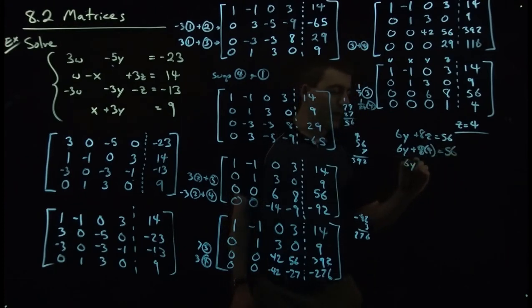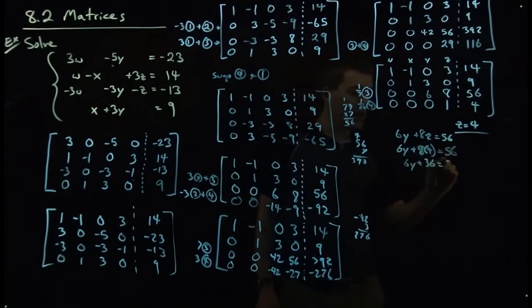So 6y plus 32 is 56. Subtract the 32. We get 24. And so y equals 4.